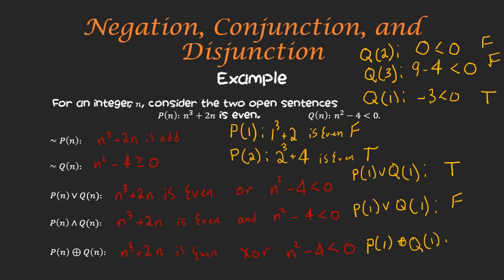Remember, the XOR is true only when either P or Q is true but not both of them. So in this case, it's satisfied that, right, P of 1 is false, Q of 1 is true, so one of them is true and not both of them are true. And so this would be true.